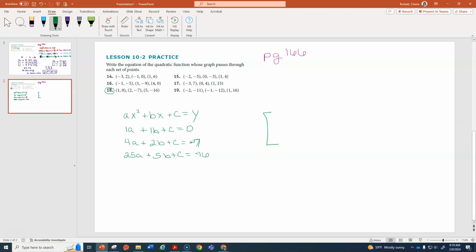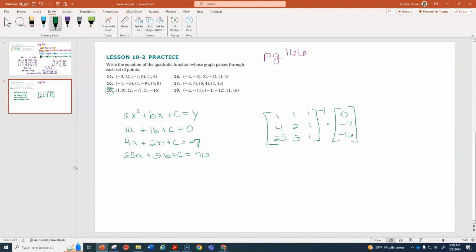My coefficient matrix is 1, 4, 25, 1, 2, 5, 1, 1, 1. I'm going to take the inverse of that, multiply it times the constant matrix, which is 0, -7, -16.